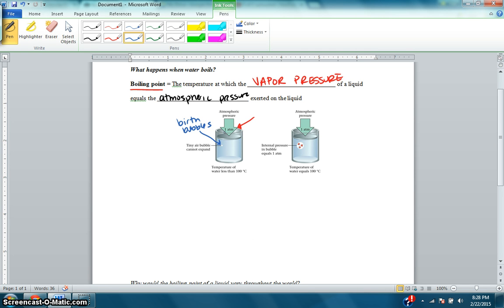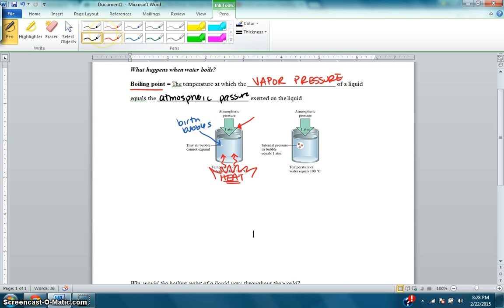So the whole process of understanding how boiling occurs is understanding how we can get more and more gas into those birth bubbles. So when we have boiling happen, you guys all know that we have to have some sort of heat source, whether it's the stove, a Bunsen burner, or a campfire. There has to be heat that's provided. And so what happens is the heat travels from our source into our water.